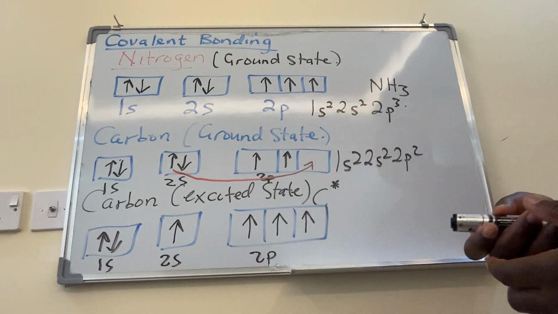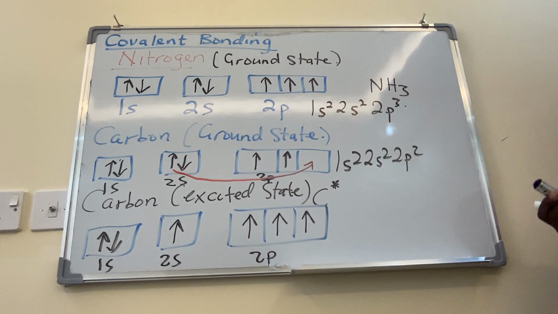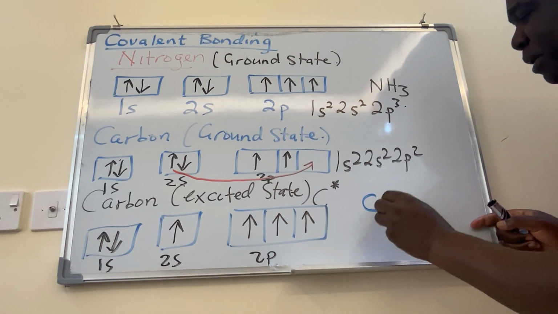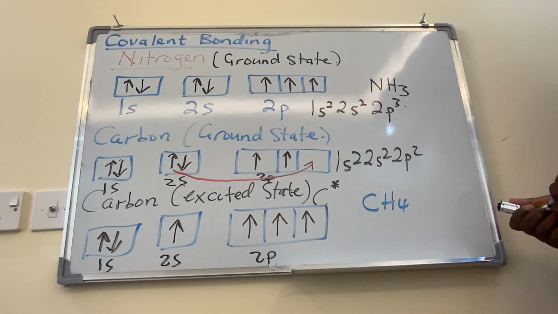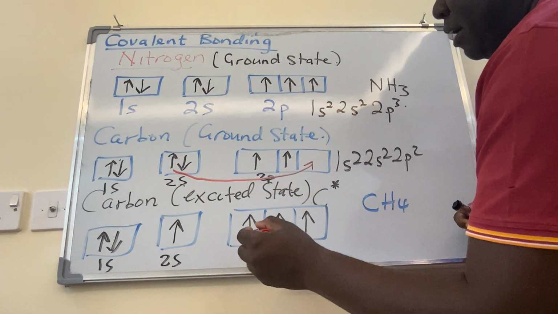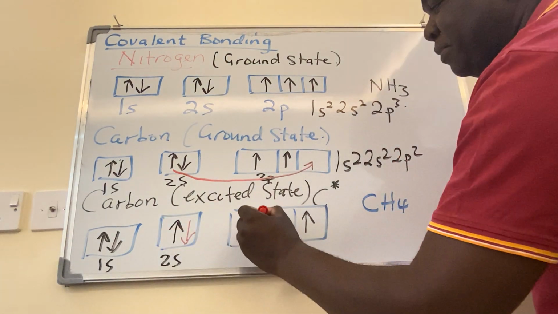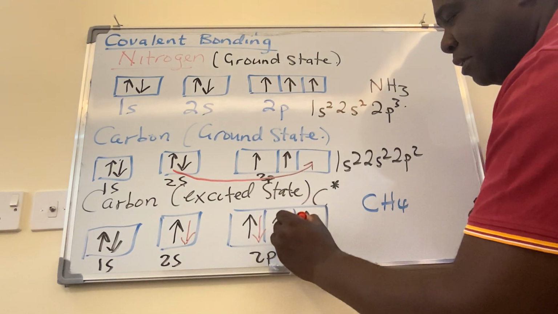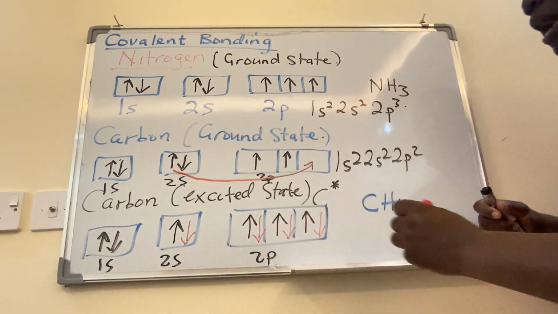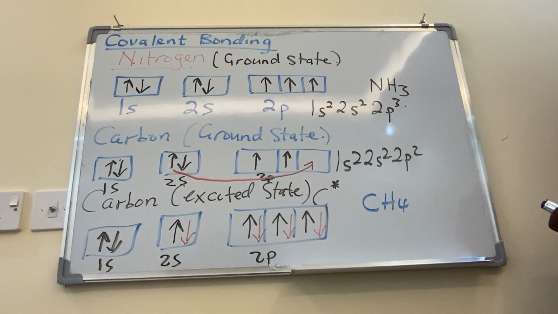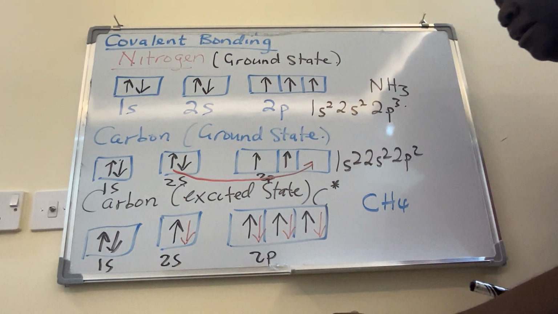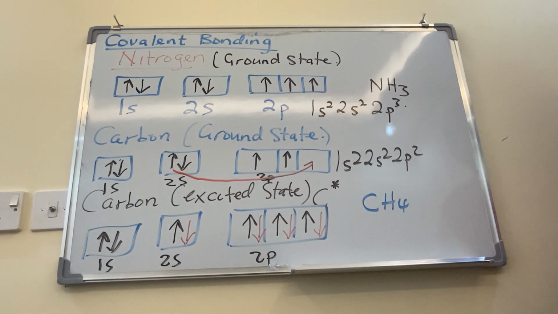So it's not surprising that when we form methane, CH4, we have 4 hydrogens coming along: 1st, 2nd, 3rd, and 4th hydrogen. In that case, we use the s orbital and 3 p electrons.